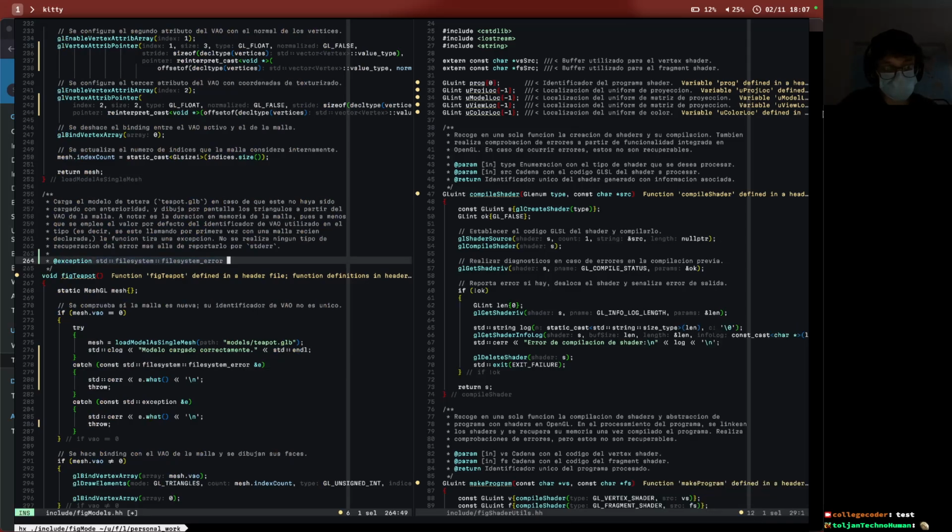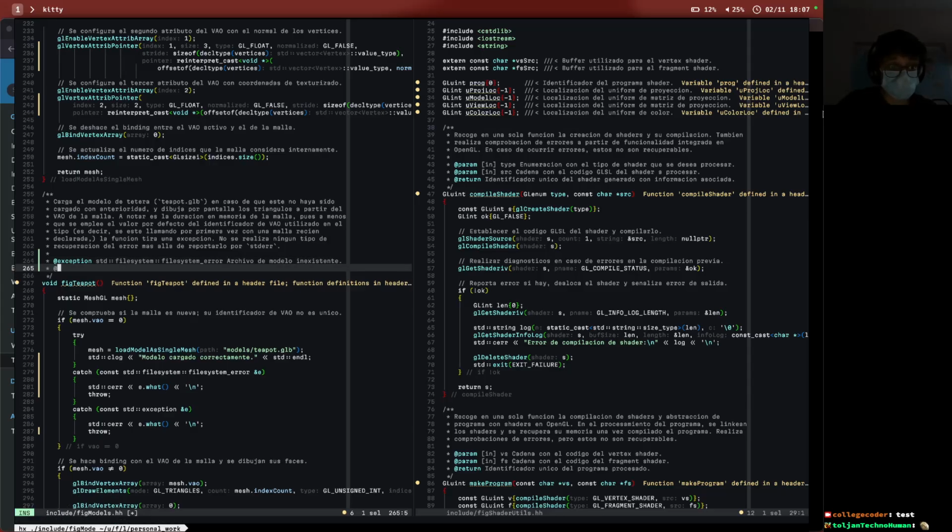Documentation is going to be this, and we're going to say the file couldn't be found. The second one is going to be a general exception, which is just exception in general.